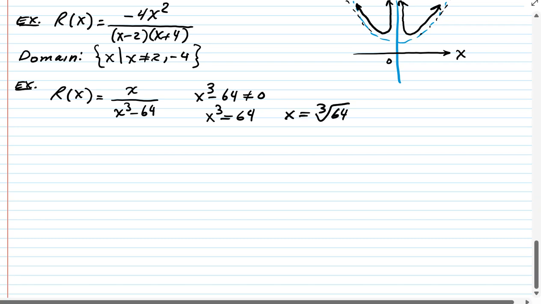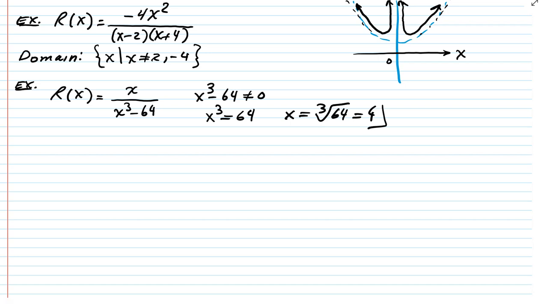The cube root of 64 is 4, because 4 by 4 by 4 is 64. So the domain of this one is anything but a 4. So x such that x cannot be 4. That means you're excluding what it cannot be, which implies that everything else is going to work out fine.